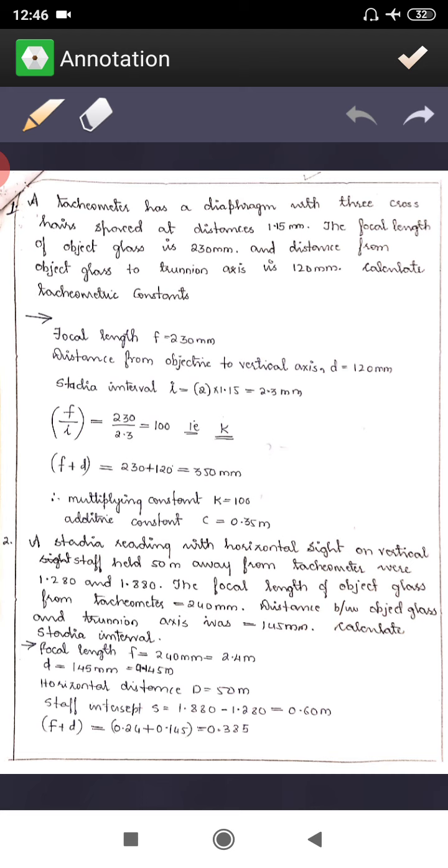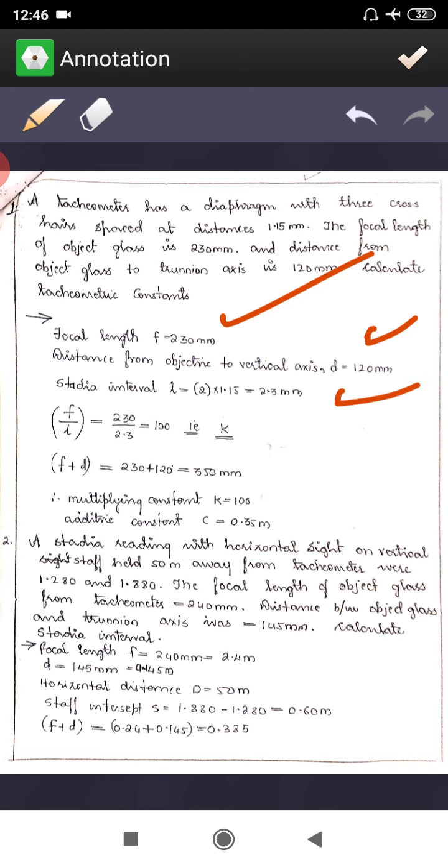We know the formula for K equals F by I, and C is equal to F plus D. In the given problem, the focal length F is 230 mm and D is given as 120 mm. I is 2 times 1.15, that is 2.3 mm.